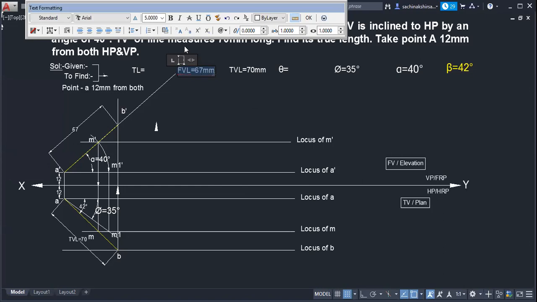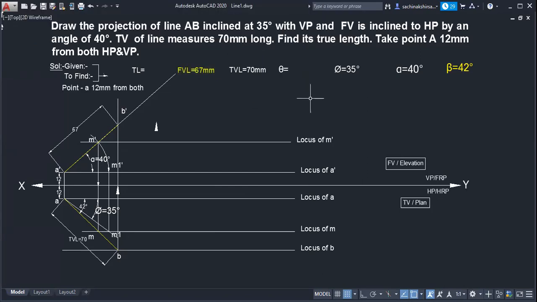Just check your accuracy. Who got more than 70? Exactly it is 67. Plus or minus 1 mm we can accept.